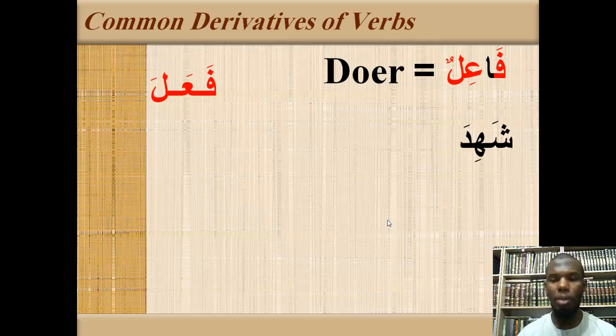So we have some verb examples here. The first example is shahida, a 3-letter past tense verb meaning he witnessed. We want to change that into the doer. The first thing we do is add an alif after the fa'ul fi'l, which is the sheen, so it becomes sha.